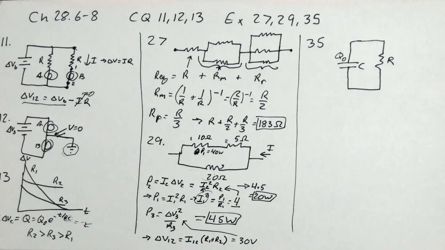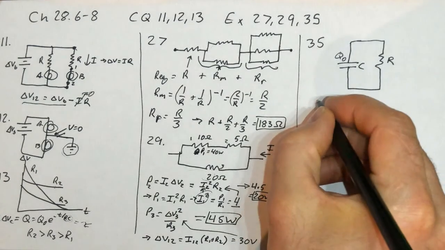We know the capacitance is 20 microfarads. And the initial charge is 20 microcoulombs. Now our question is, how much time elapses from the moment we connect those to the time that the charge on the capacitor is reduced to half its original value, or 10 microcoulombs? How do we find that out?